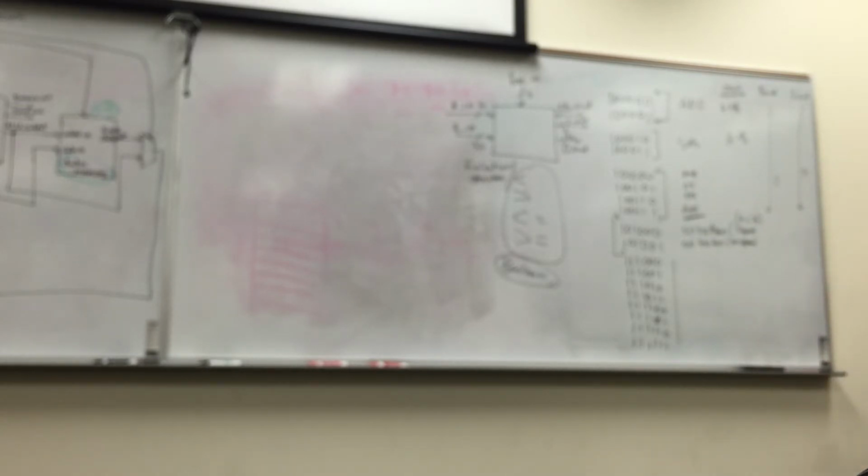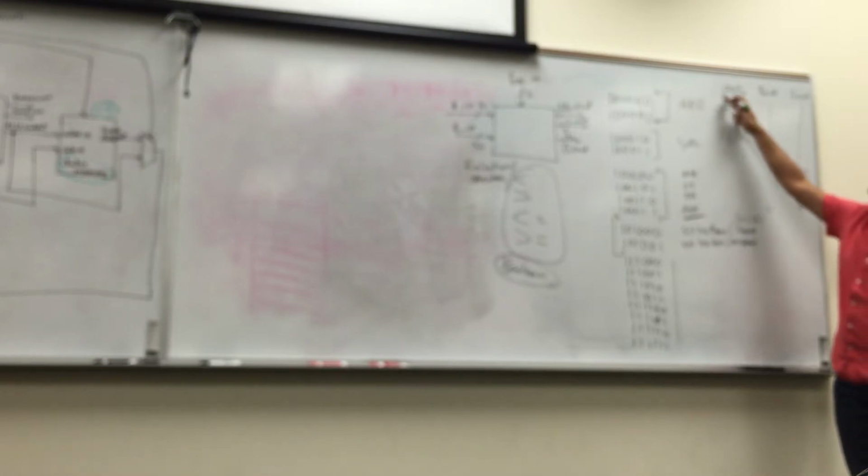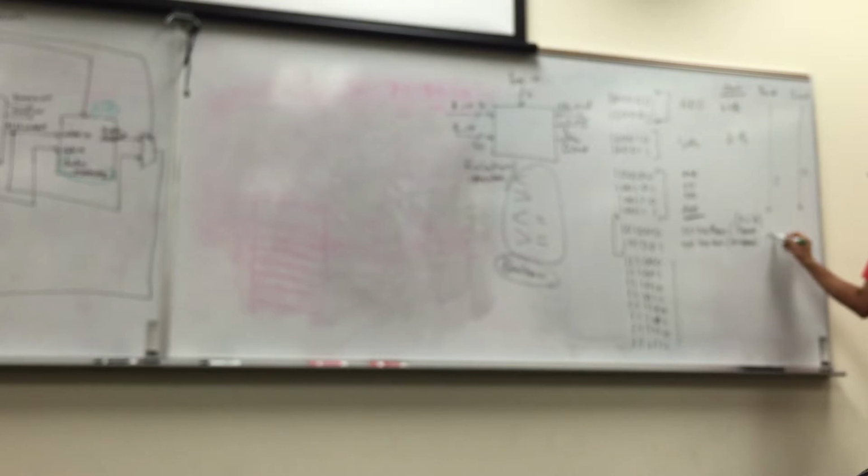How would you do it? Yes, so you need to represent all 32 bits. All zeros is your 0, and then 0, 0, 0, all the way to 1, just 1, that's all.